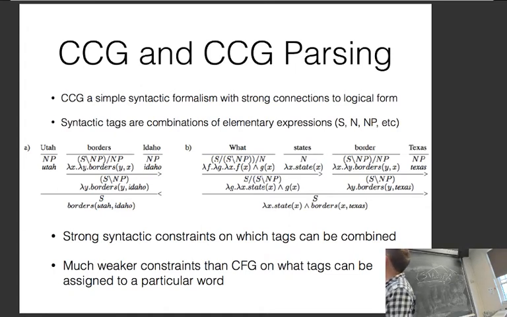So you get something like this, and you can basically convert it into select state where a state borders Texas, or select state X where X borders Texas. And if you query a knowledge graph, there's a query language called SPARQL that basically takes queries that look almost exactly like this.